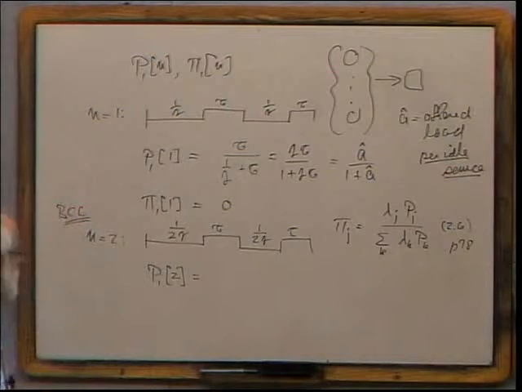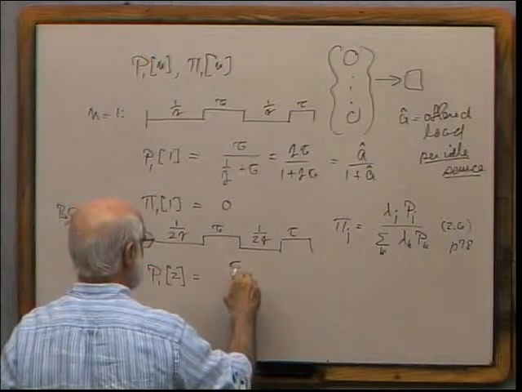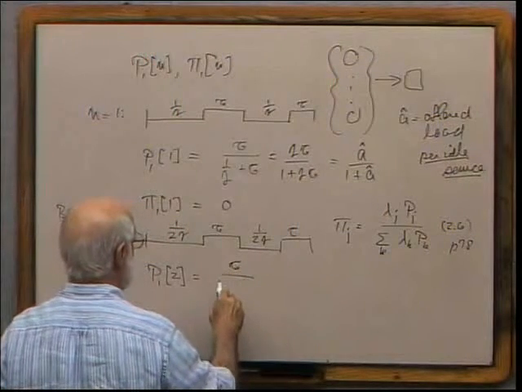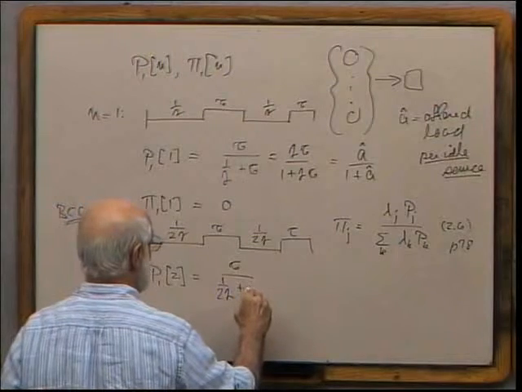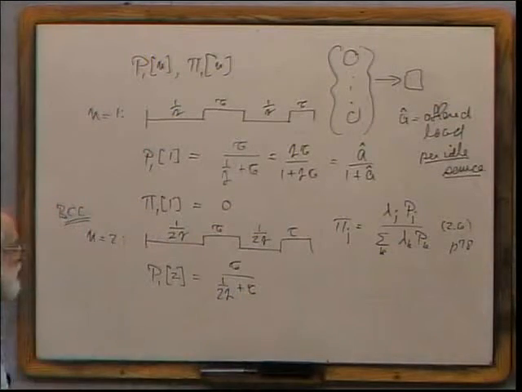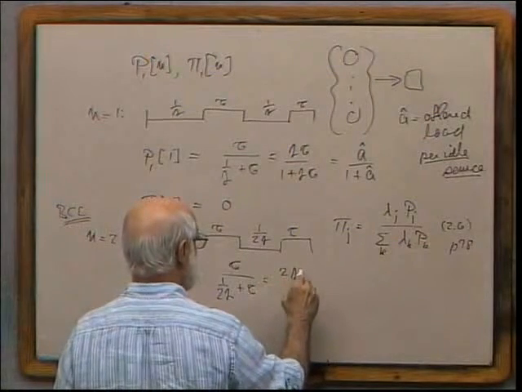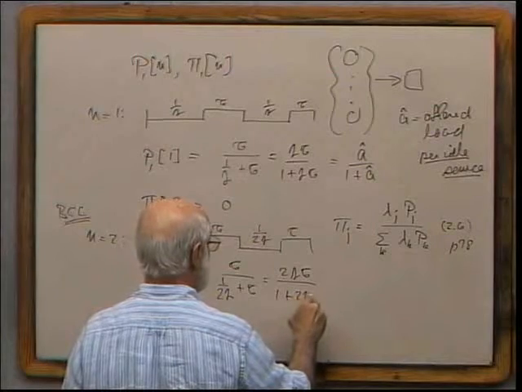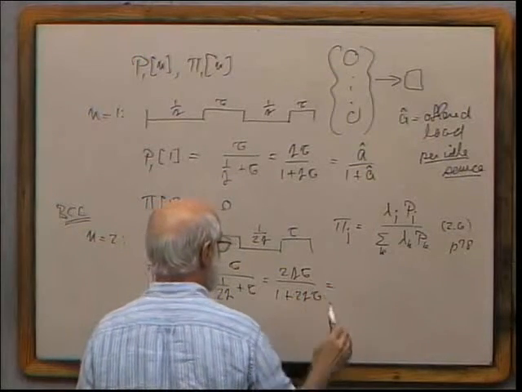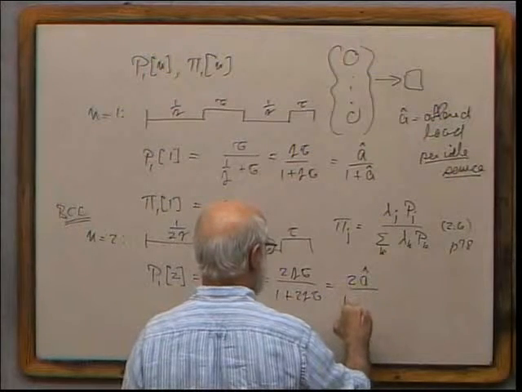Okay, what's the probability? It's the ratio of tau divided by 1 over 2 gamma plus tau. If I multiply through by 2 gamma, I get 2 gamma tau over 1 plus 2 gamma tau, which is 2 a hat divided by 1 plus 2 a hat.